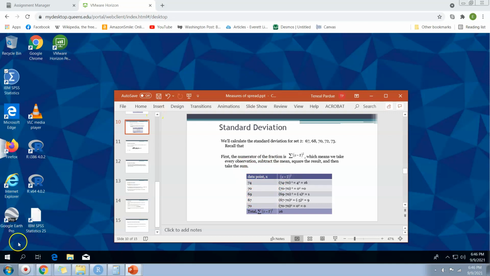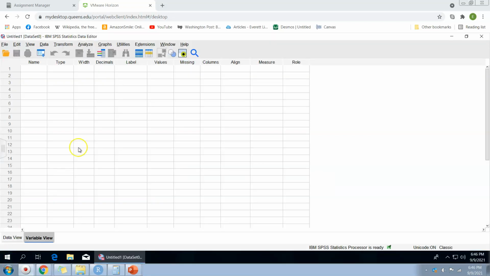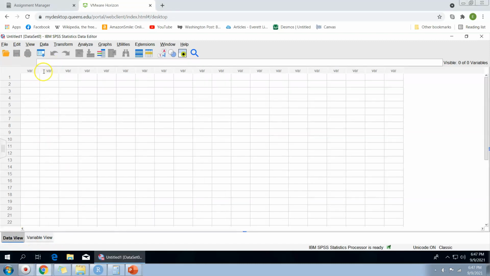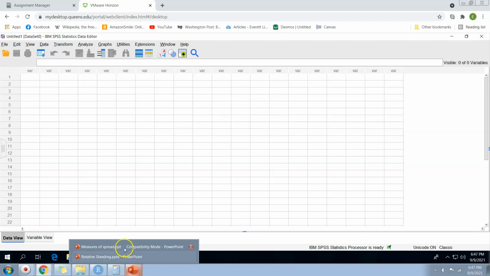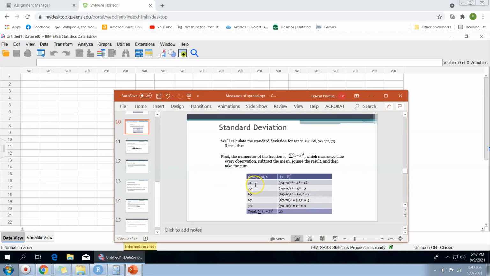I'm going to pause this because it's going to take a sec for SPSS to open. All right, so I've got SPSS up. This is an empty file. If I want to type in data, you can put in a variable name if you want to, or you can just go to data view and start typing.